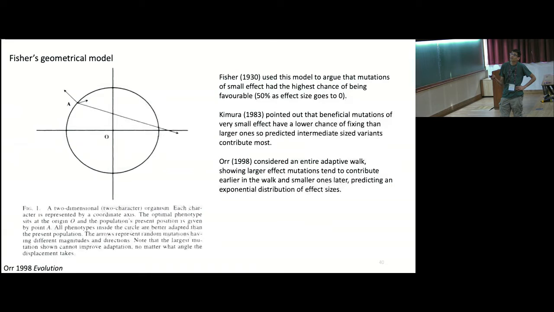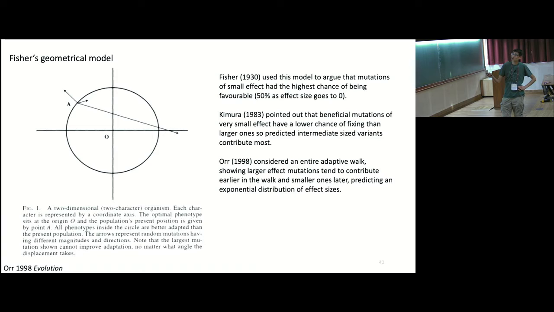Any arrow that takes you inside this circle, because along this circle are all equally distant points from the optimum, brings you closer to the optimum and is a beneficial mutation. Guy already talked about that.